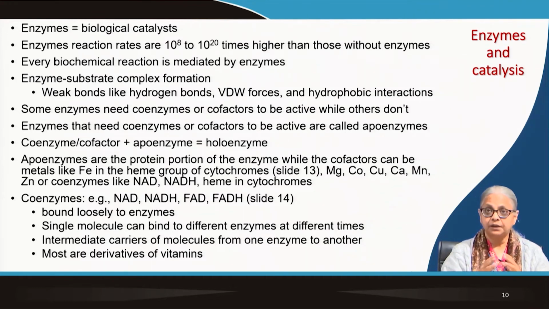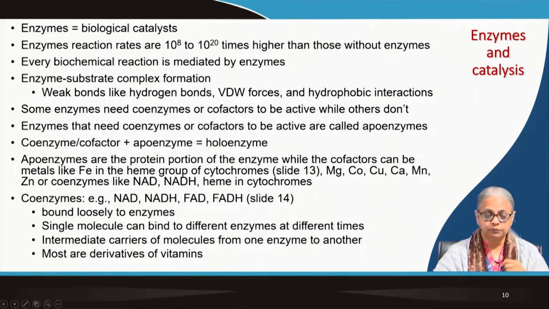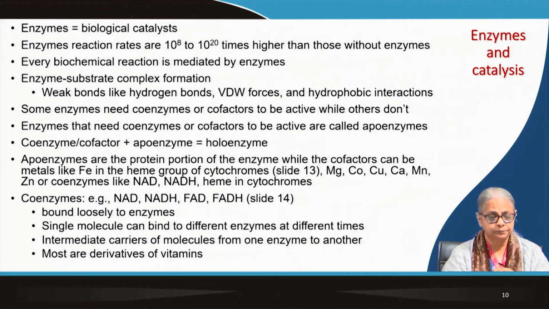Now, if there is an enzyme that needs a coenzyme or a cofactor, then that part is obviously called the coenzyme or cofactor, and there is another part that is called the apoenzyme, and the two together are then called the holoenzyme. Holo meaning whole and apo meaning part of the enzyme.